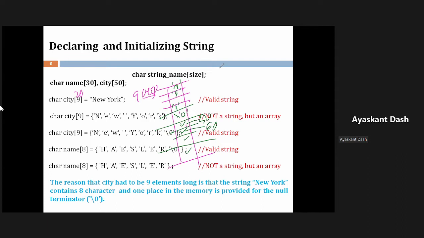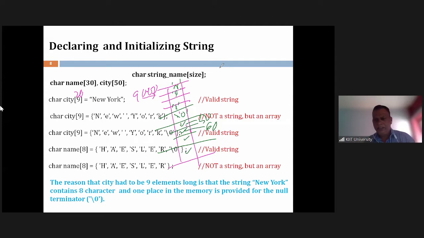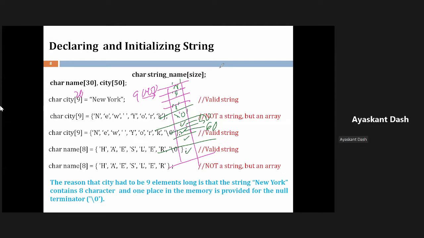Understood it? Sir, I have a question. Sir, in the last one, character name, why is it not a string but an array? Because in my compiler, if I run it, then \0 is being added automatically.